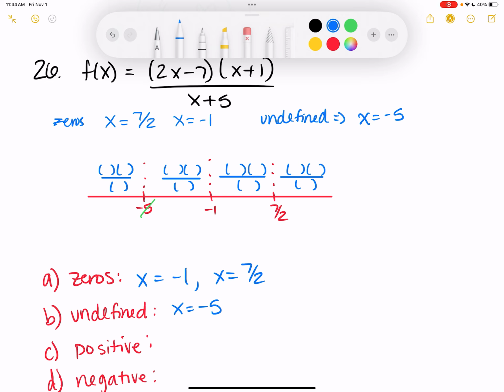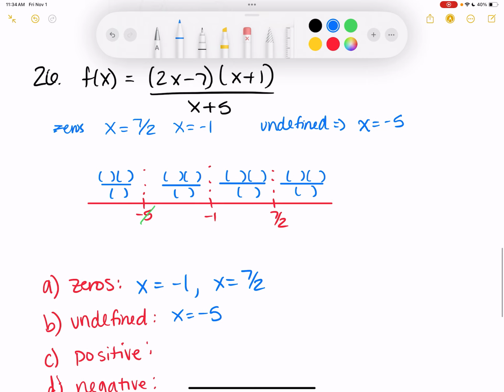All right, so what number am I choosing over here? -6, and what happens when I plug that in? Negative. Or no, positive. Yeah, negative.